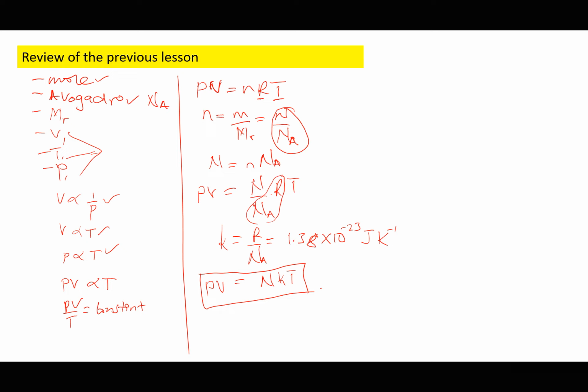We say that this is the defining equation of what we call the ideal gas. We say that an ideal gas is a gas which obeys the equation PV is equal to nRT at all temperatures and pressures. So all we need is to define the quantities in the equation PV is equal to nRT.